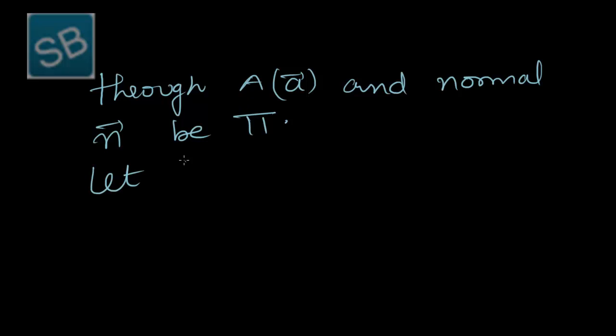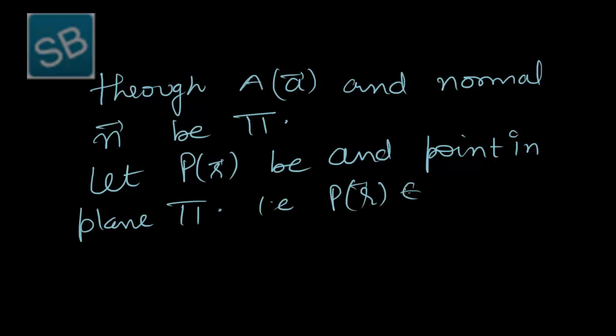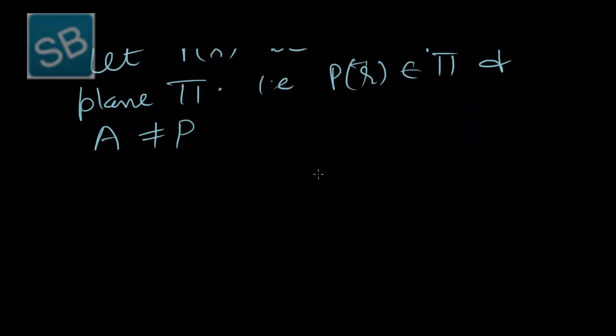Let P of r be any point in plane pi, that is P of r belongs to pi and A is not equal to P. So let us draw the diagram.